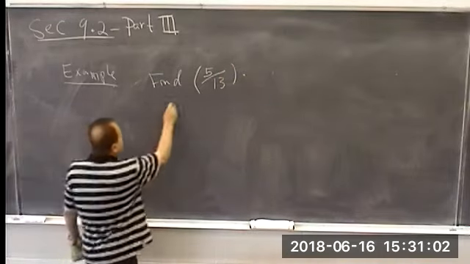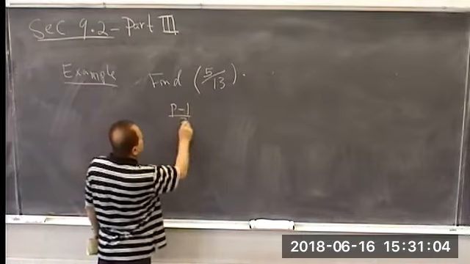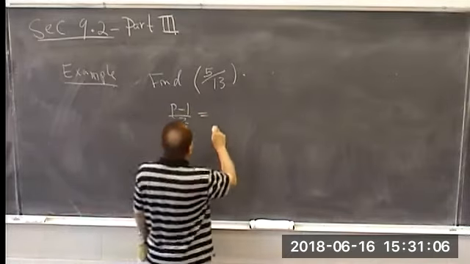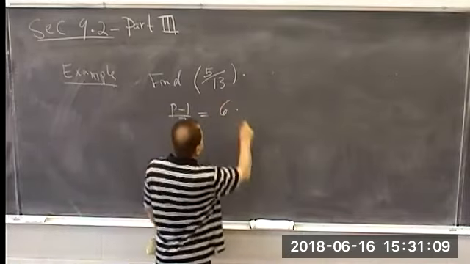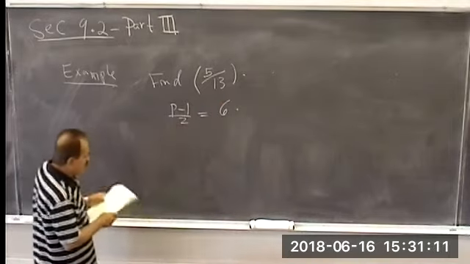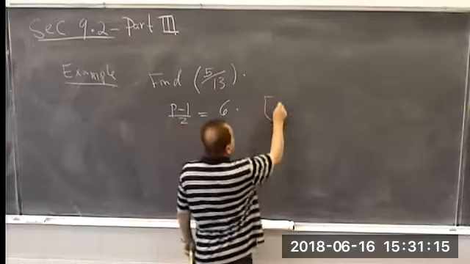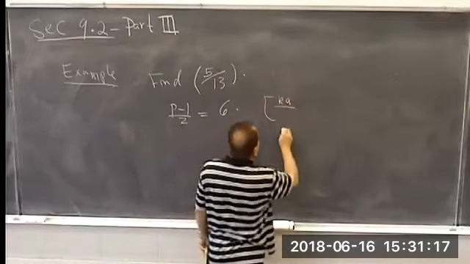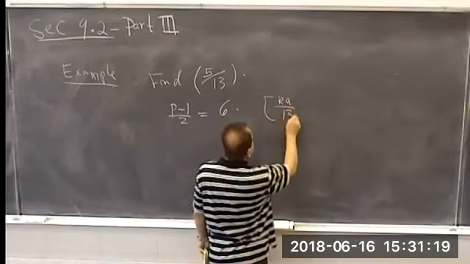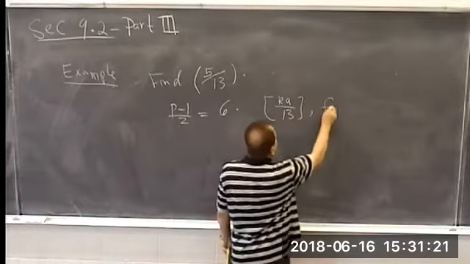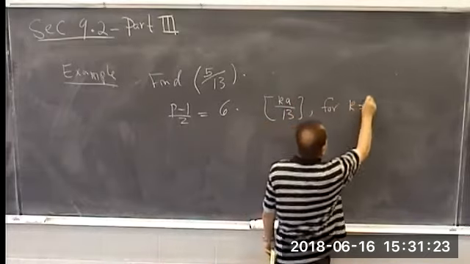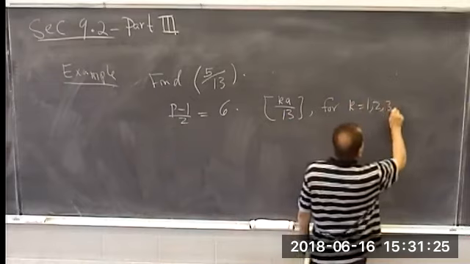First of all, we need p minus 1 over 2, so this is going to be 6. And now we need to calculate these floors of ka over 13 for k equal 1, 2, 3, up to 6.